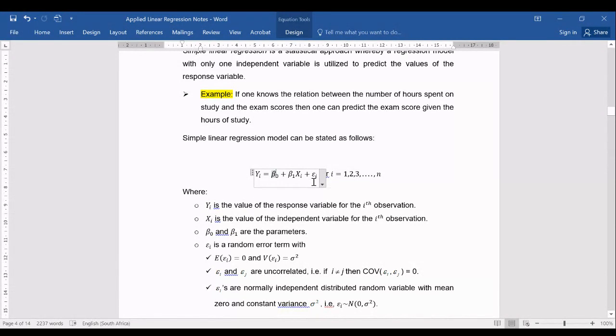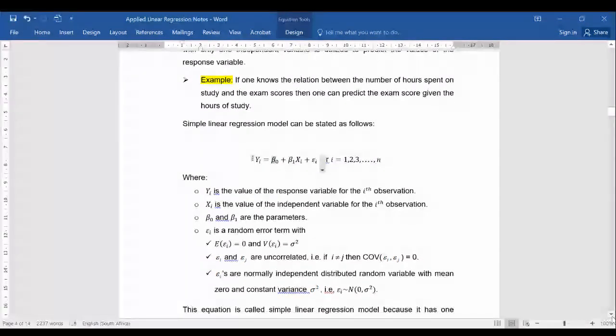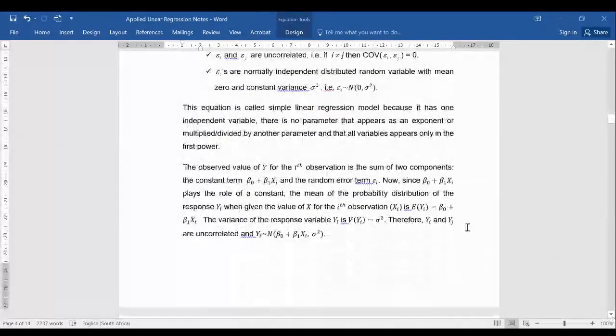So yi is the sum of two components, the constant term and the error term. So our observed or response variable is a sum of two components, the constant term and the error term.